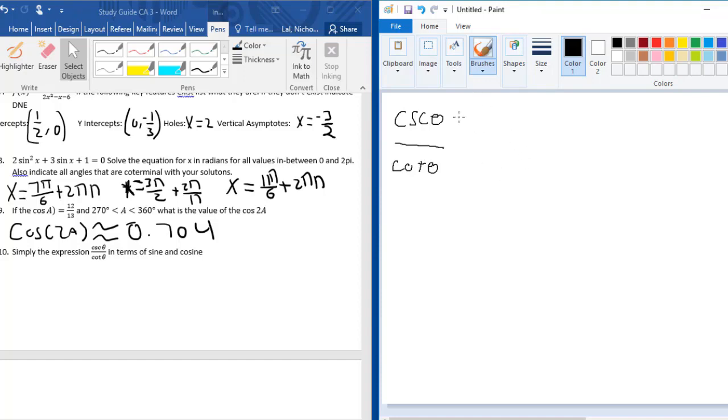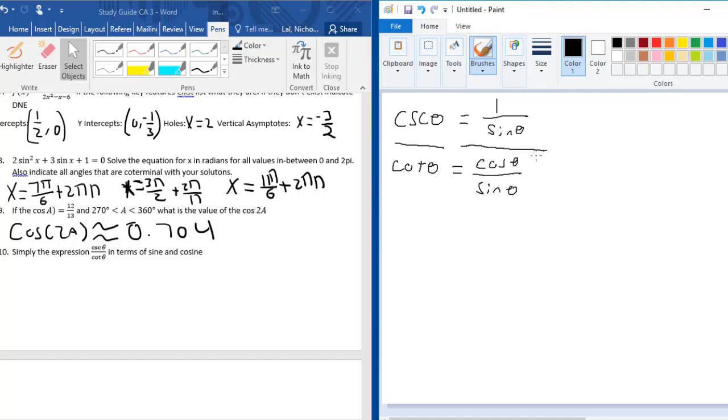Cosecant of theta can be rewritten as 1 over the sine of theta. That's just part of its reciprocal identity. And cotangent of theta can be rewritten as the cosine of theta over the sine of theta, because it's the reciprocal of tangent. So if tangent is sine of theta over cosine of theta, cotangent, you can just flip the numerator and denominator.